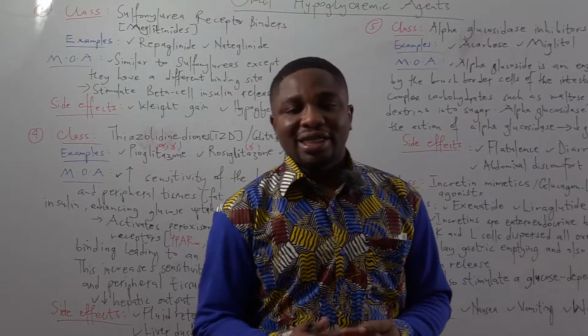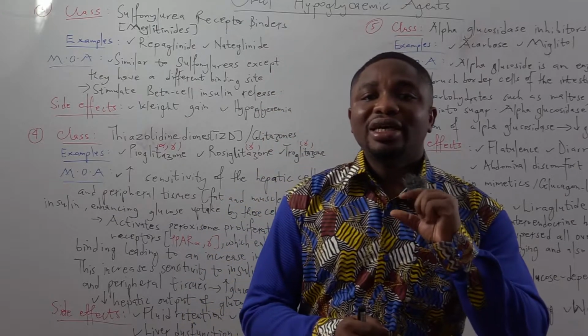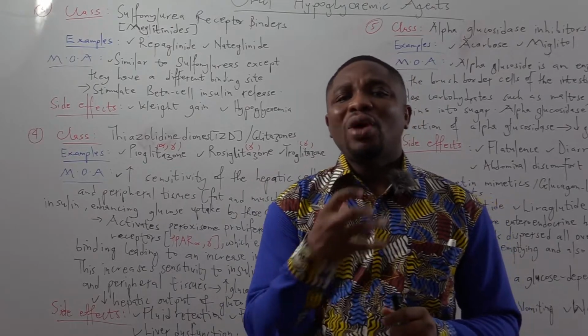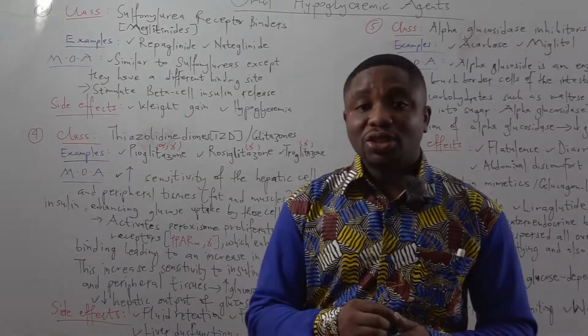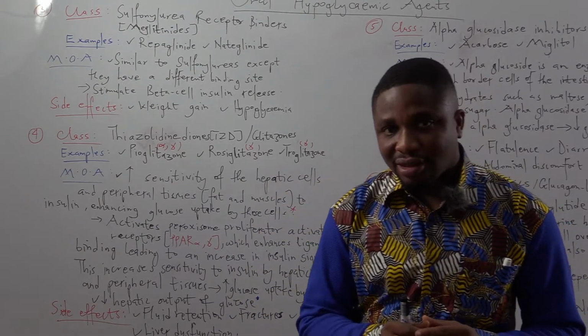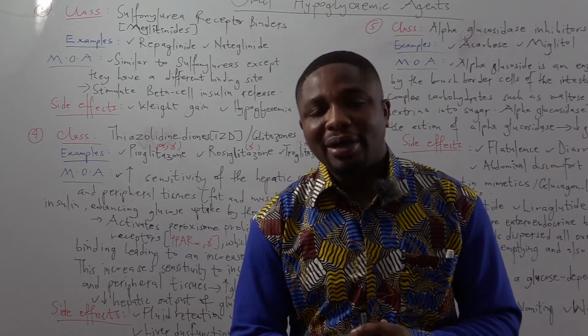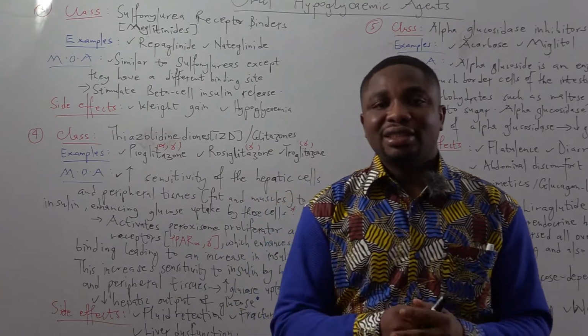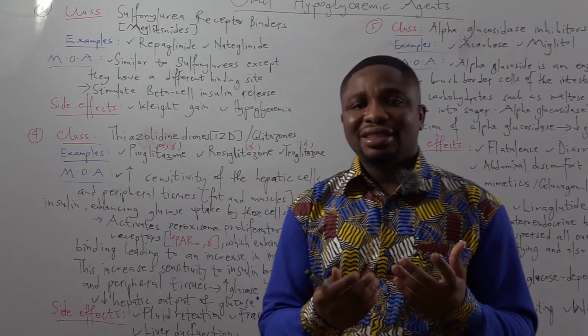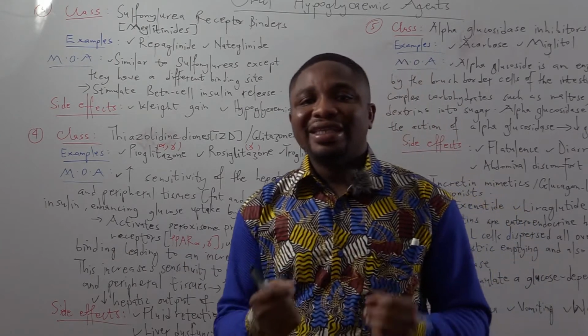How do they do that? The glitazones or the thiazolidinediones activate one or several peroxisome proliferator activated receptors. It could be alpha or gamma. When they do that, these activated receptors enhance ligand binding.